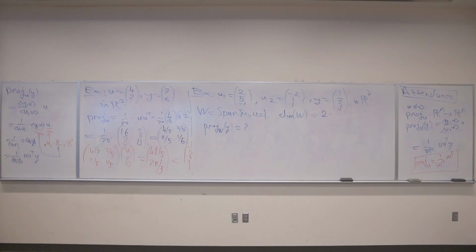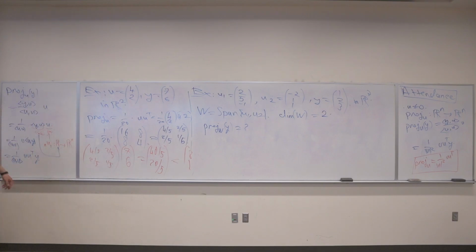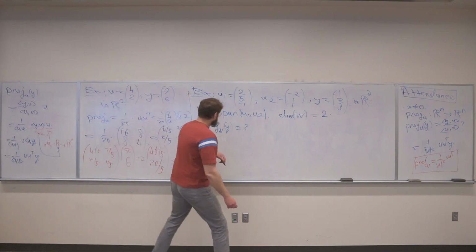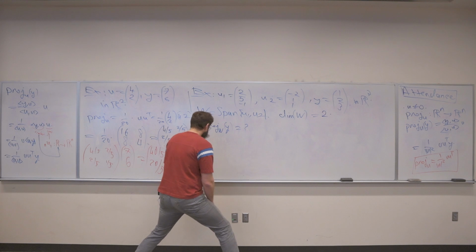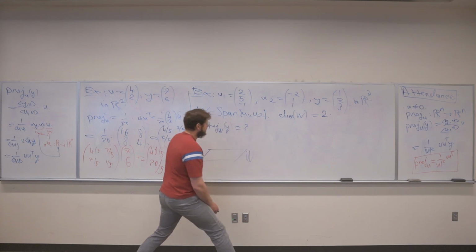I'll mention maybe later, maybe tomorrow, a more calculus-like characterization of orthogonal projections also, but for now let's just try to stick to geometry and linear algebra. So I'm just going to draw a schematic. Here's my W. It's a plane. Here's the origin.